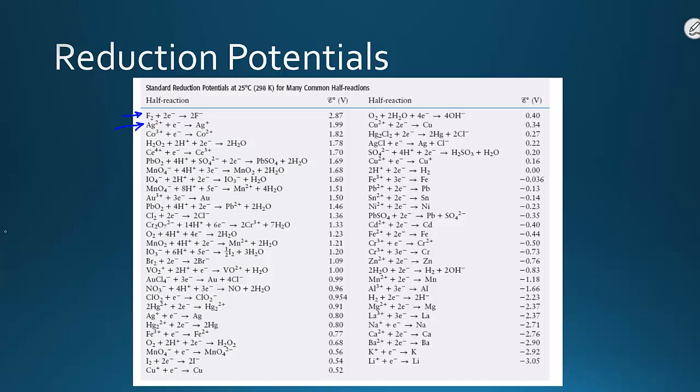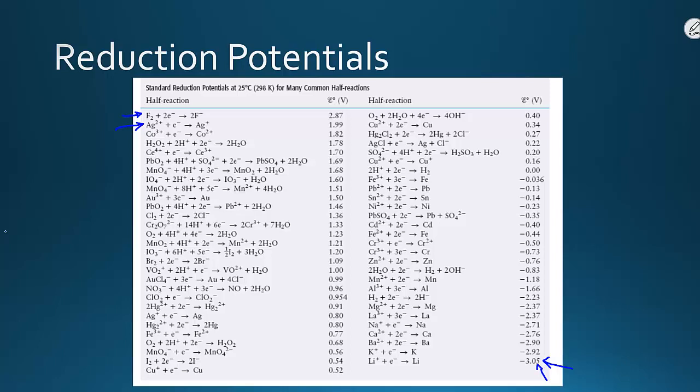We've said silver is always +1. Apparently silver can be +2, but that is easily reduced. Other elements are more difficult to reduce. Lithium ions are not going to readily reduce to lithium metal. More often, lithium metal is at a lower energy state when it's an ion, so its reduction potential is not very high.